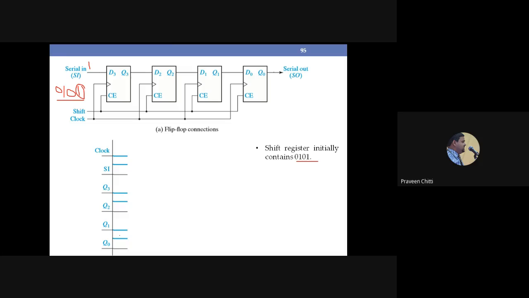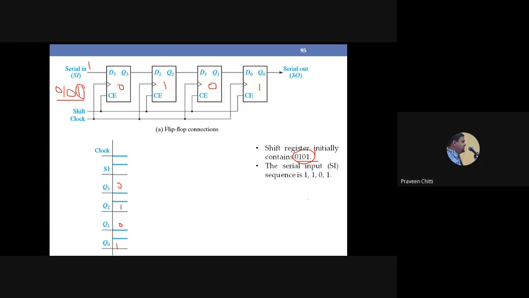Initially, all the flip-flops can be assumed as either 0 or 1. Here, they have taken the initial value as 0, 1, 0, 1, and that's what is shown here. You can see Q3 is 0, then 1, 0, 1.